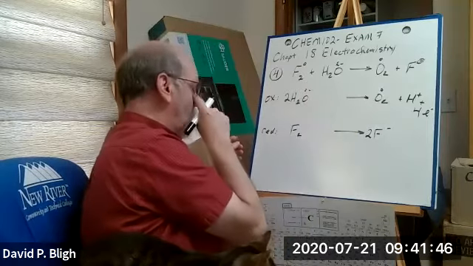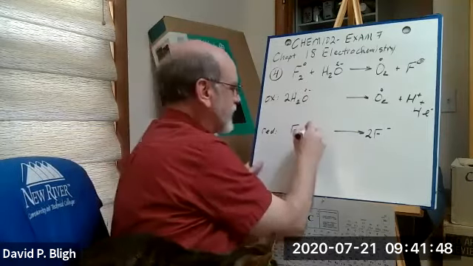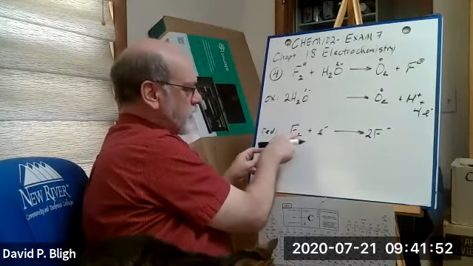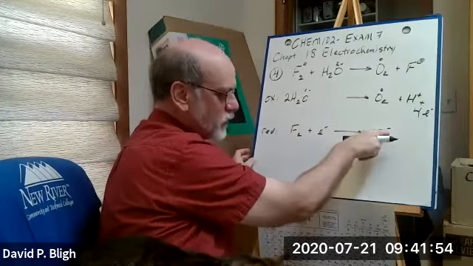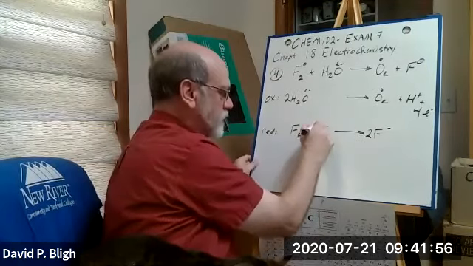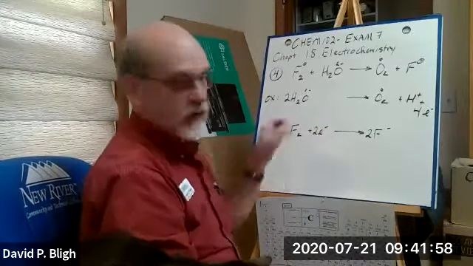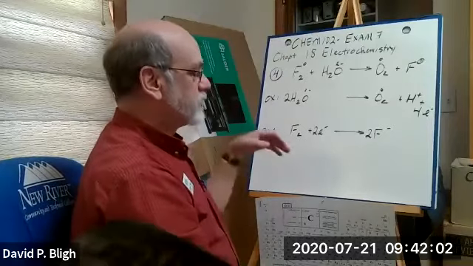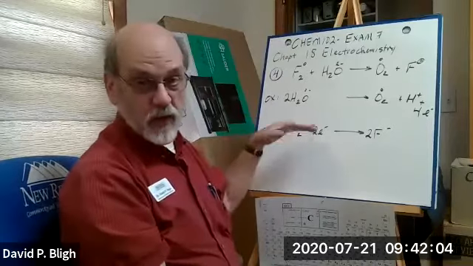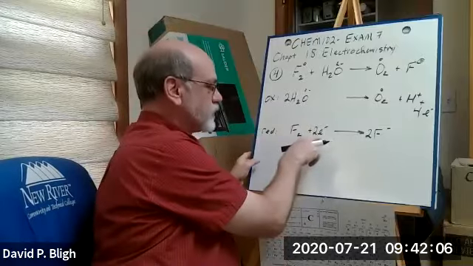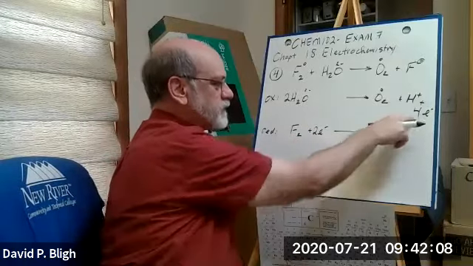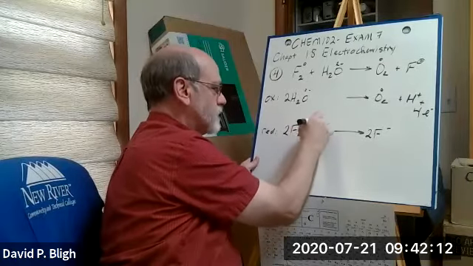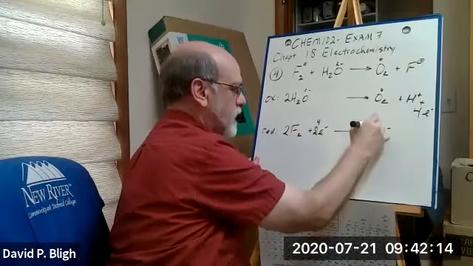That's right. On this side, we have to gain electrons. If it's 1 electron per fluoride, we need 2 of them to balance those. Now what we can do is reconcile the equations. This one needs to be multiplied by 2 to give us 4 electrons. So that means we're going to have 2 here, 4 here, and 4 there.